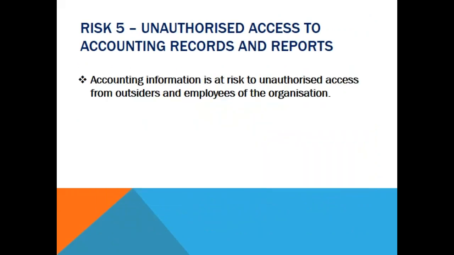Accounting information is at risk of unauthorized access by outsiders and employees of the organization. The motives for accessing information include attempts to perpetrate a fraud, such as creating a false purchase order, the theft of inventory by accessing inventory records to make fraudulent changes, or malicious acts such as corrupting financial data.